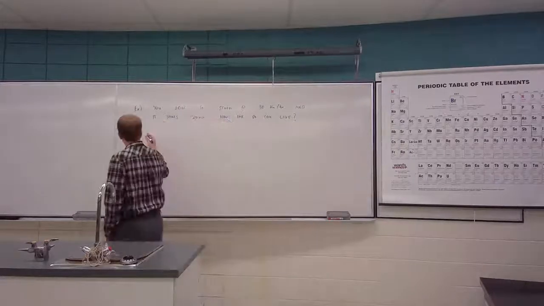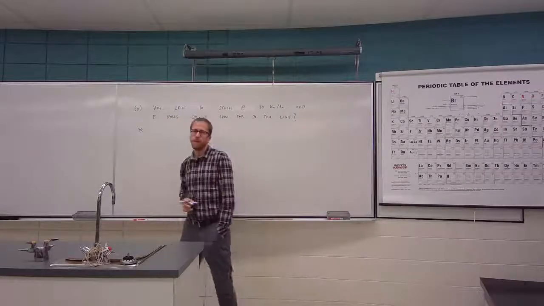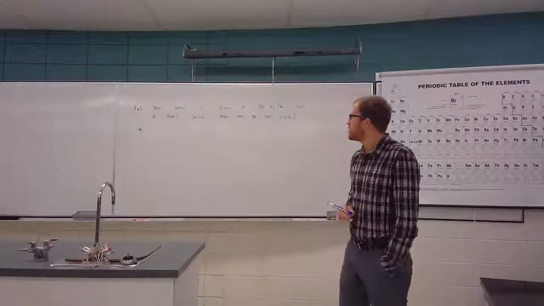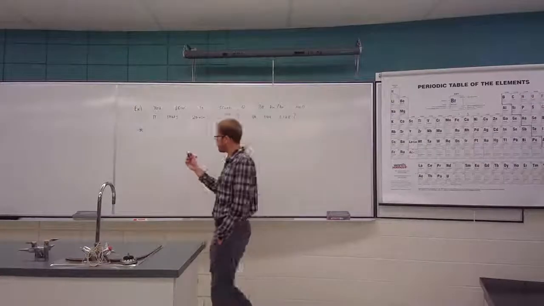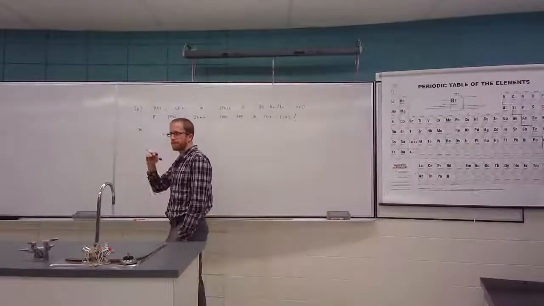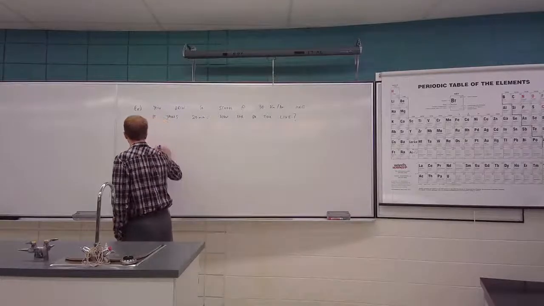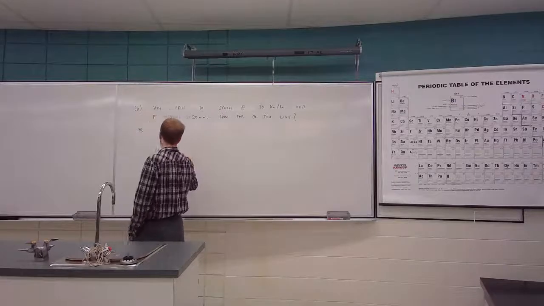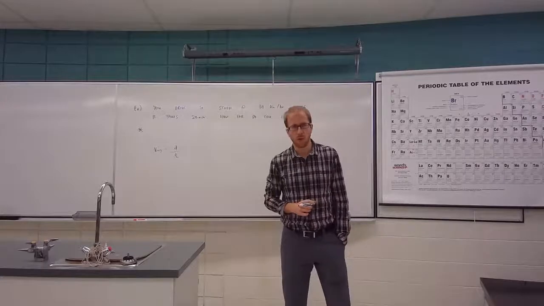Now, there's a key point here in physics, very key point. If I were to plug this into our speed formula right now, actually, let's do that. What's my formula for speed, by the way? My average speed is going to be my total distance over my total time.